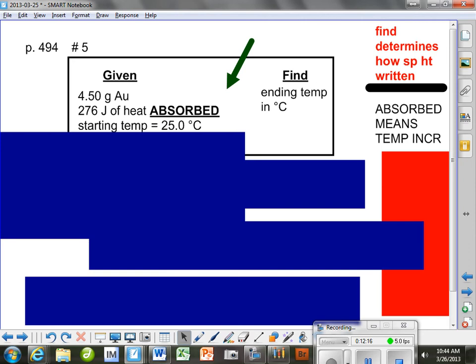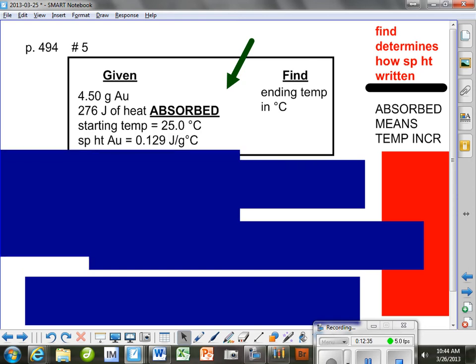So what else are we given? .129 what? Per degrees what? Celsius. Yes. There's 3 different temperature scales, so it's important to know that it's Celsius.